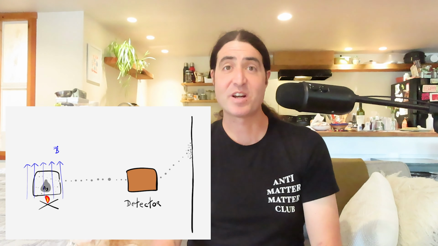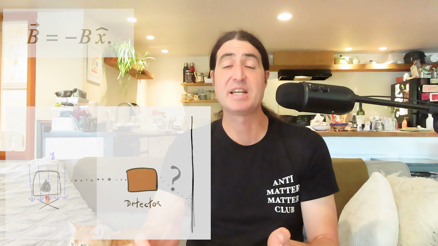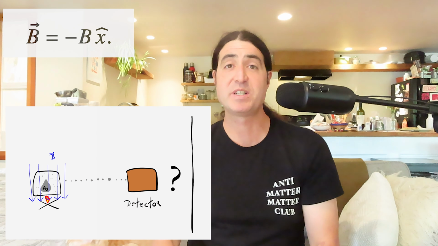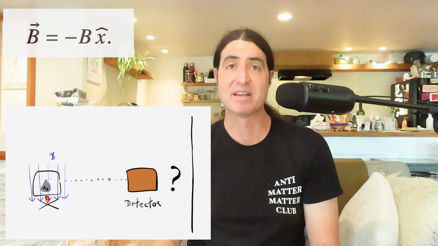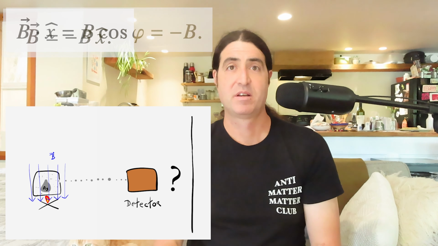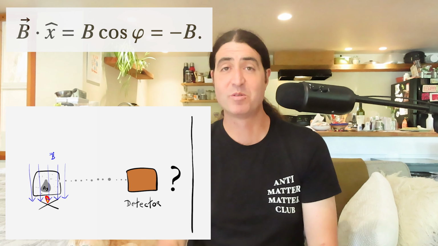Okay, let's try something else. Let's reverse the whole situation. Let's try 180 degrees. So you can imagine turning the knobs of our detector so that B is now pointing in the opposite direction. It is pointing against the direction of the detector. It's minus B in the x direction. It's anti-aligned, in other words, with the detector. The cosine of this angle is now minus 1, which makes sense.